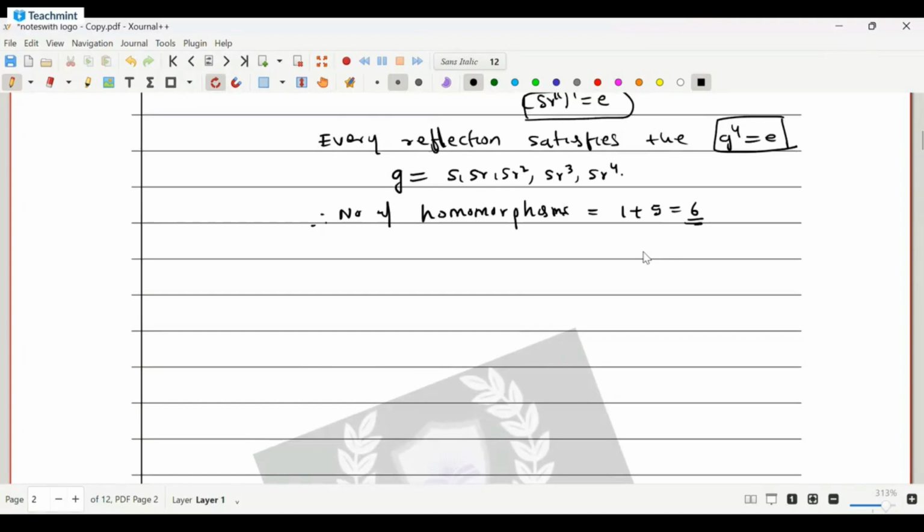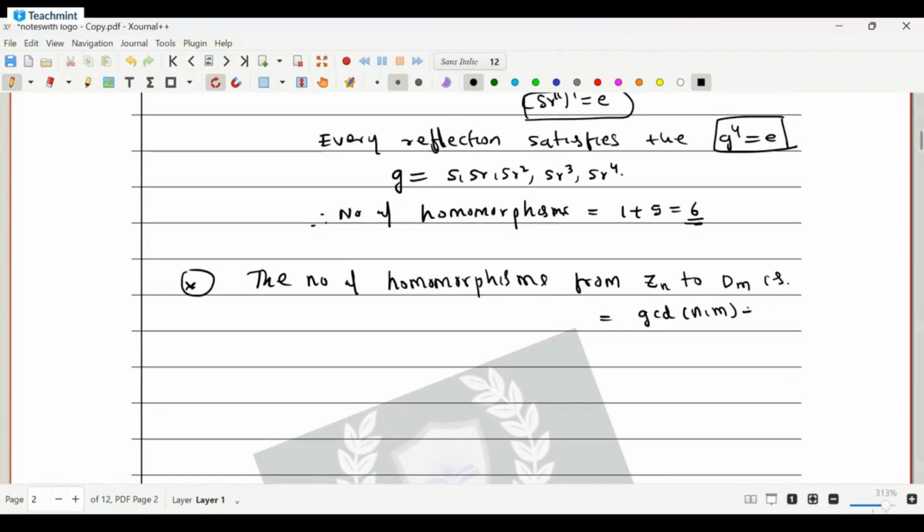So formula. So the number of homomorphisms from Zn to Dm is equal to GCD of n comma m plus m if n is an even number, and which is equal to GCD of n comma m plus 0 if n is an odd number.